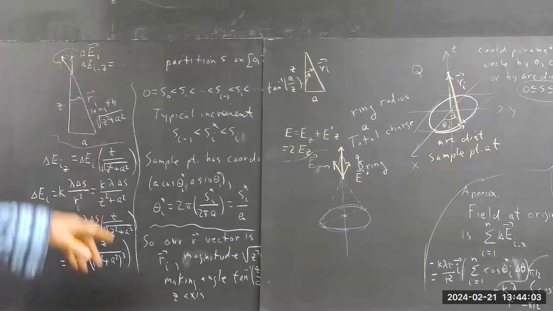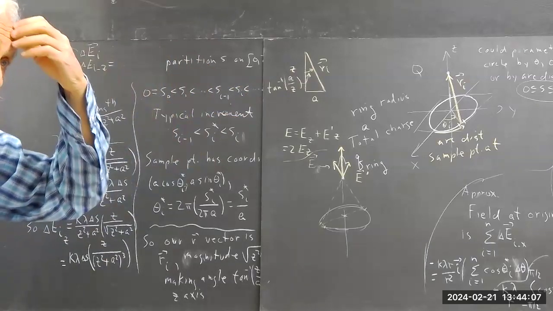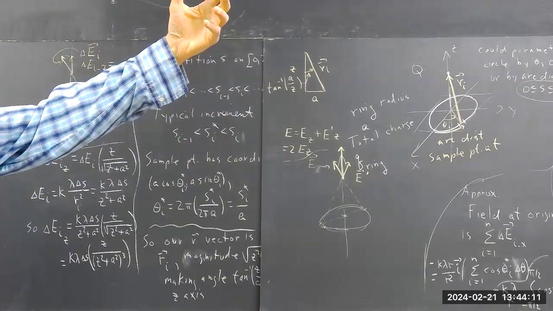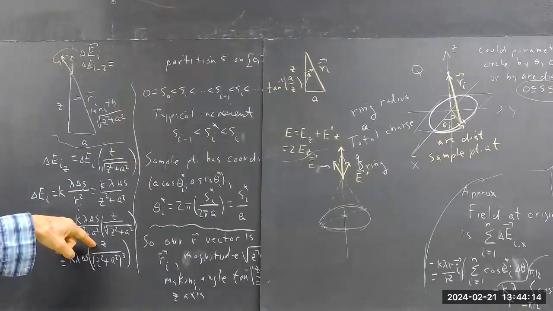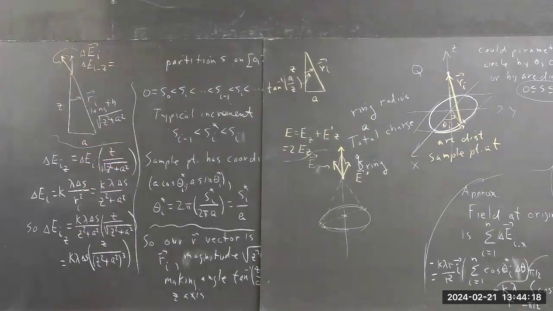Z is what it is. You try to find the field at point Z, or the 0, 0, z. So z is the position on the z-axis at which you're trying to calculate the field. A is the radius of the circle, so it doesn't vary.